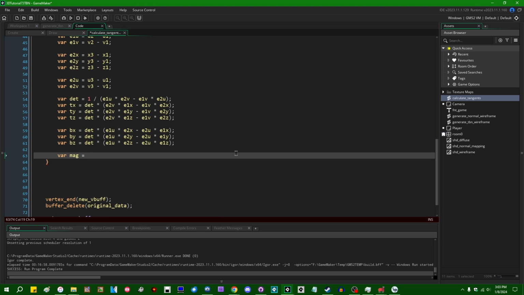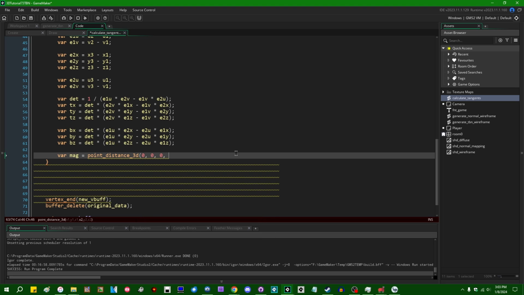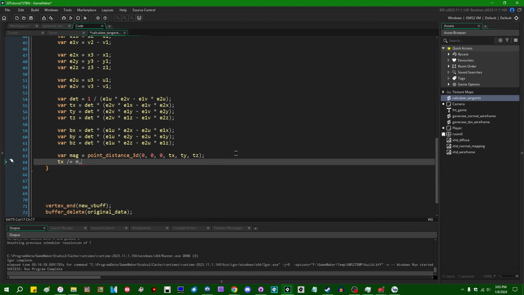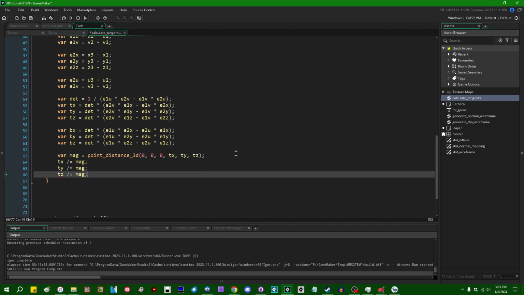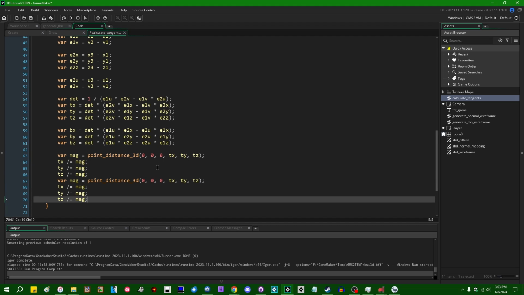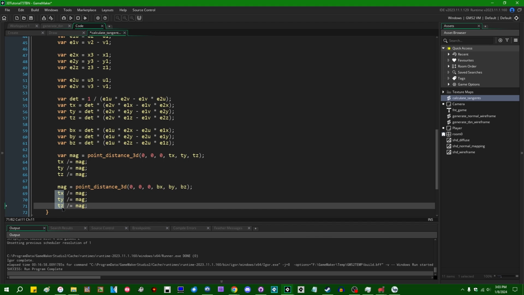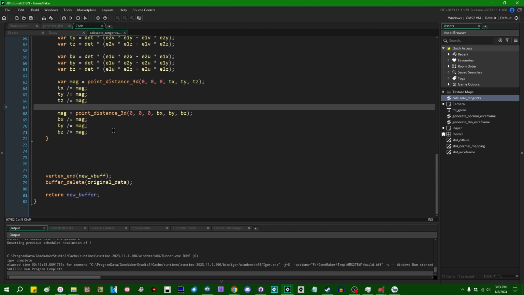You do that, of course, by taking the length of that vector and dividing all components by it. Can do the same thing with the bitangent. So bx, by, bz, like this. And now we have our normalized tangent and bitangent vectors.